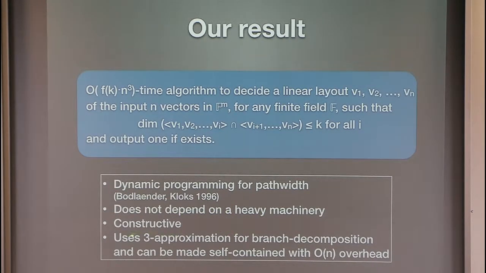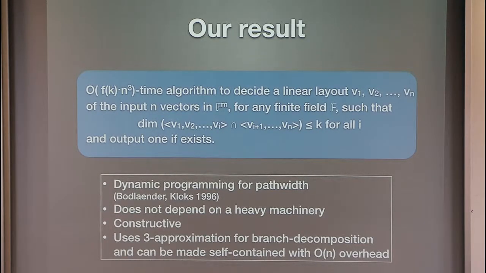It doesn't depend on heavy machinery, so you can actually implement it, and it has a very clean, neat running time, which is single exponential, and it's constructive. As a subroutine, we use a 3-approximation algorithm for computing a branch decomposition of a represented matroid, but actually with an overhead of O(n), you can get rid of this approximation and make it self-contained.